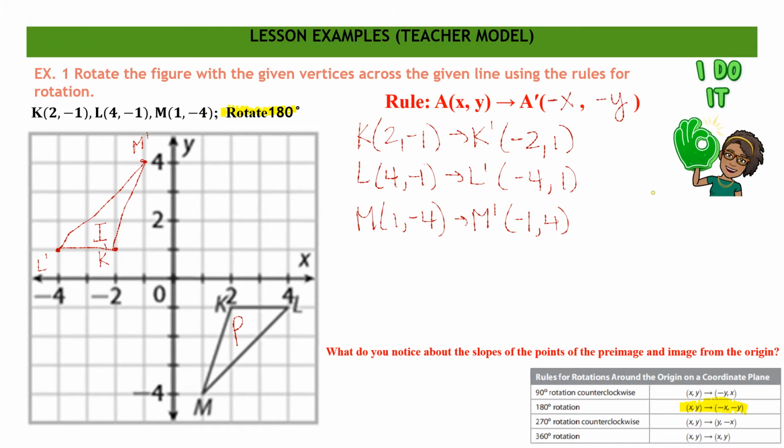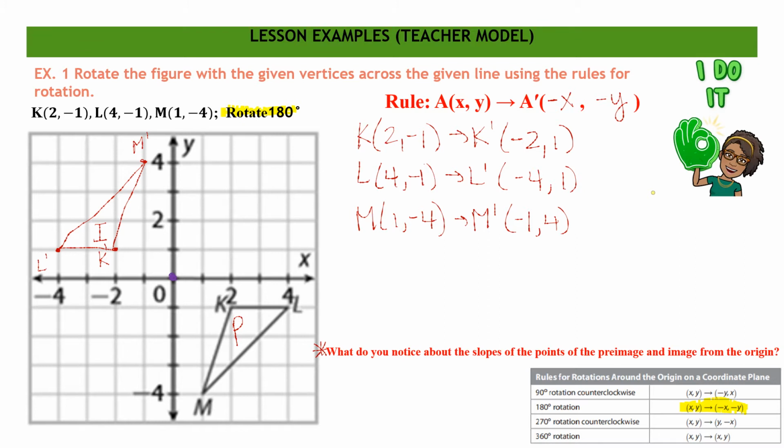So now that I've graphed my figure, let's take a look at this question that we have down here. What do you notice about the slopes of the points of the pre-image and image from the origin? So if I look at the slope from the origin, and here we have the origin of 0, 0, if I look at the slope from the origin to my pre-image points and from the origin to my image points, what will I find?